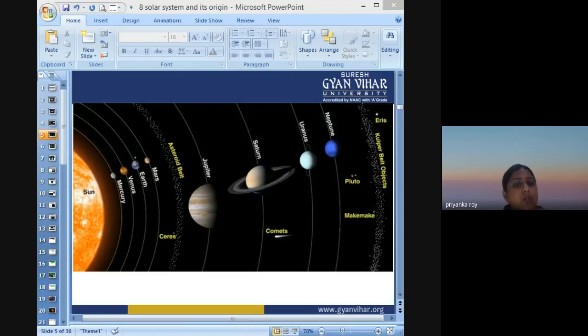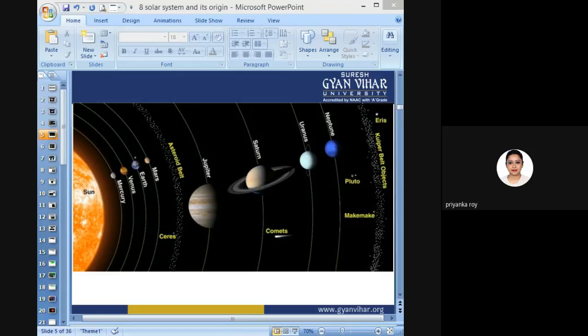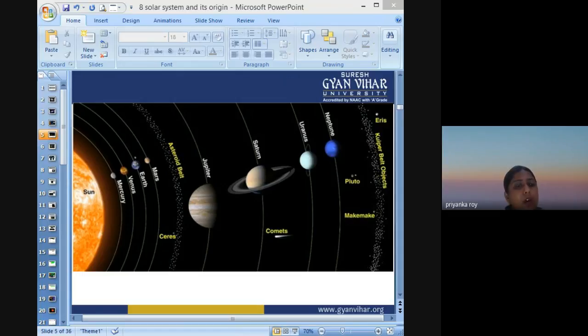Okay, so our solar system consists of the star, the Sun, and everything which is bound by gravity. So when we are talking about being bound by gravity, the planets are Mercury, Venus, Earth, Mars, Jupiter, Saturn, Uranus, Neptune, and the dwarf planet Pluto.